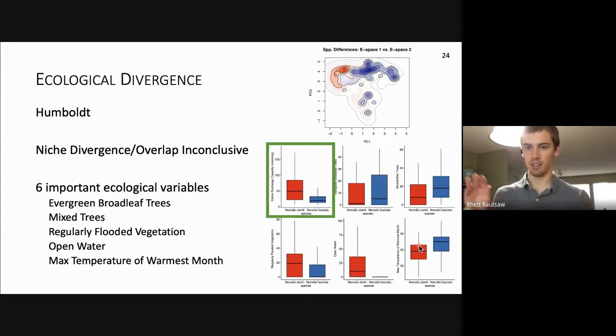So the compressicauda is the mangrove salt marsh snake. It's typically found in and among mangroves, in areas that have tidal influences, essentially. So their salinity increases and then decreases with the tides.